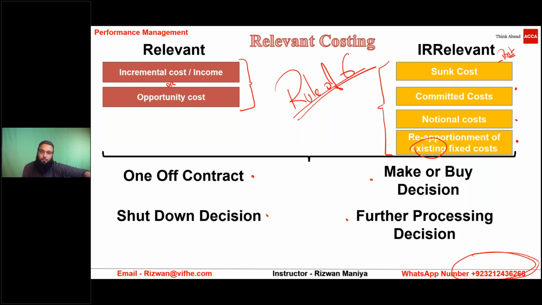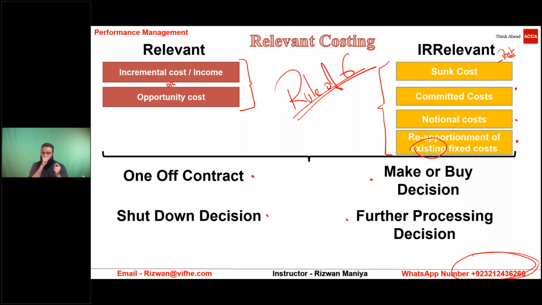We worked out the quarterly fixed cost, but that fixed cost was the one that you will incur anyway. So if there is a fixed cost that you have to incur, and you just reapportion that fixed cost to some product or service, that is not relevant for that product, service, or for a decision.